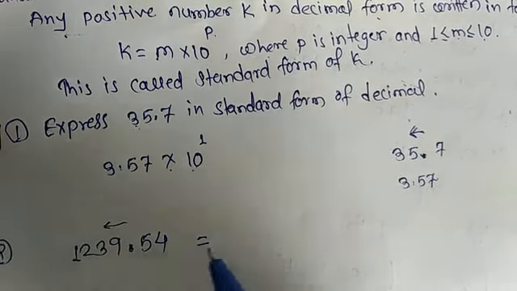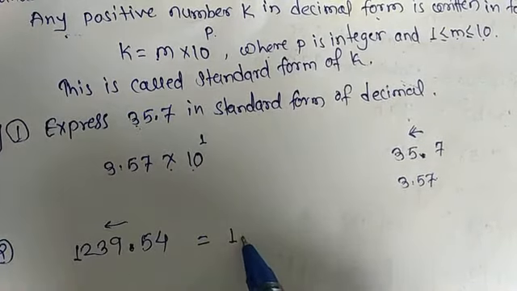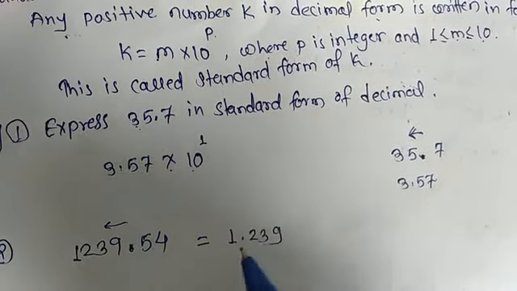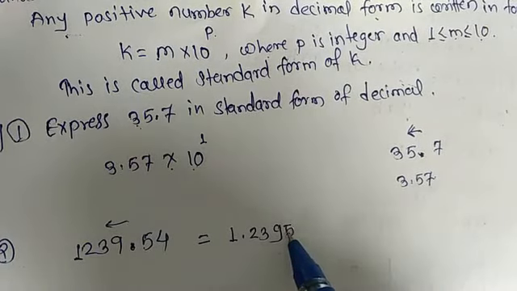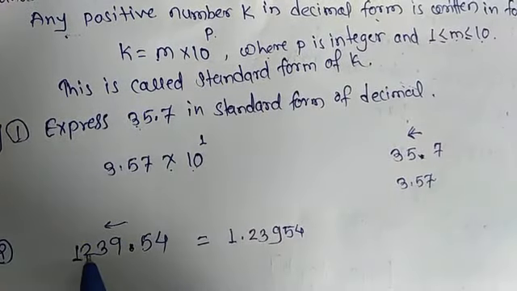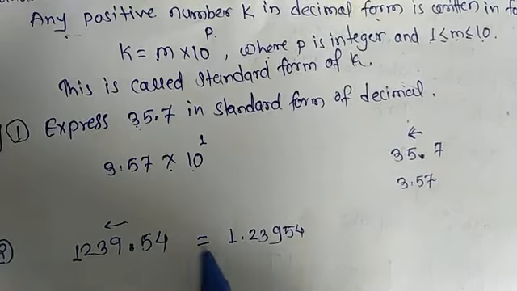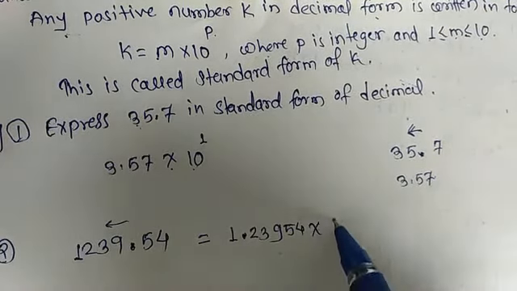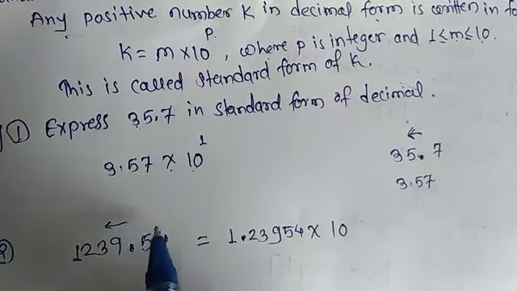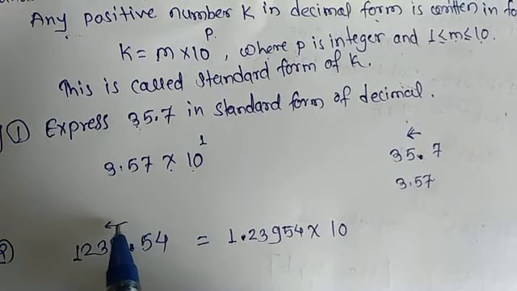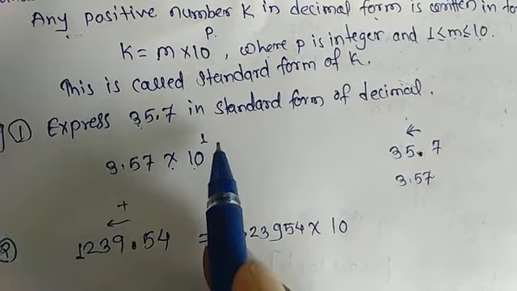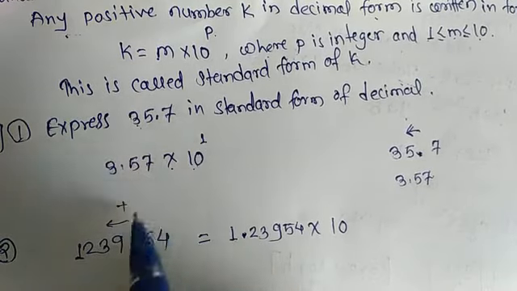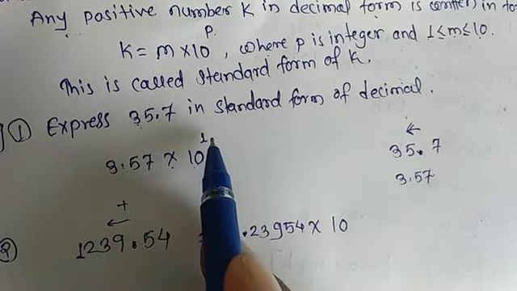It can be written as 1.23954, writing all digits after that, 23954, multiplied by 10 raised to, when we are shifting toward the left side, the power will be a positive term.